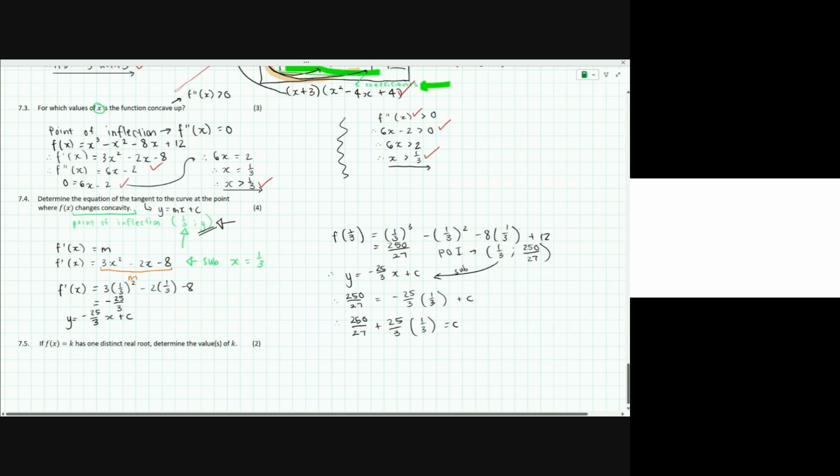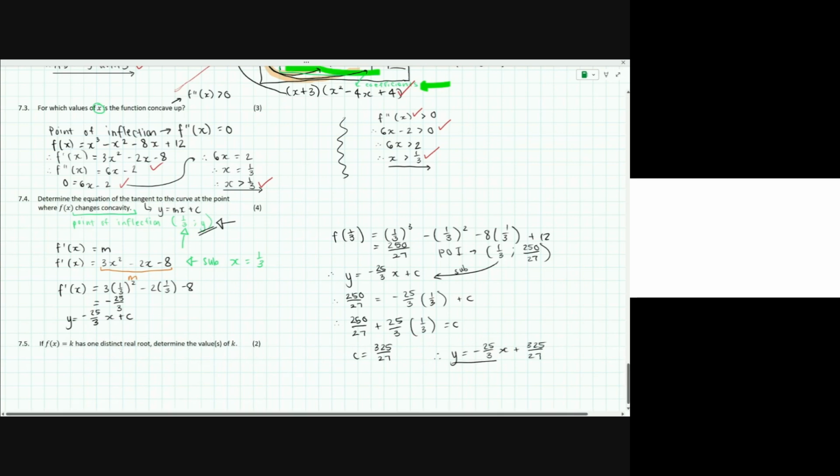And my c value here ends up being horrible, 325 over 27. Yep. And so my equation is y is equal to negative 25 over 3 x plus 325 over 27.